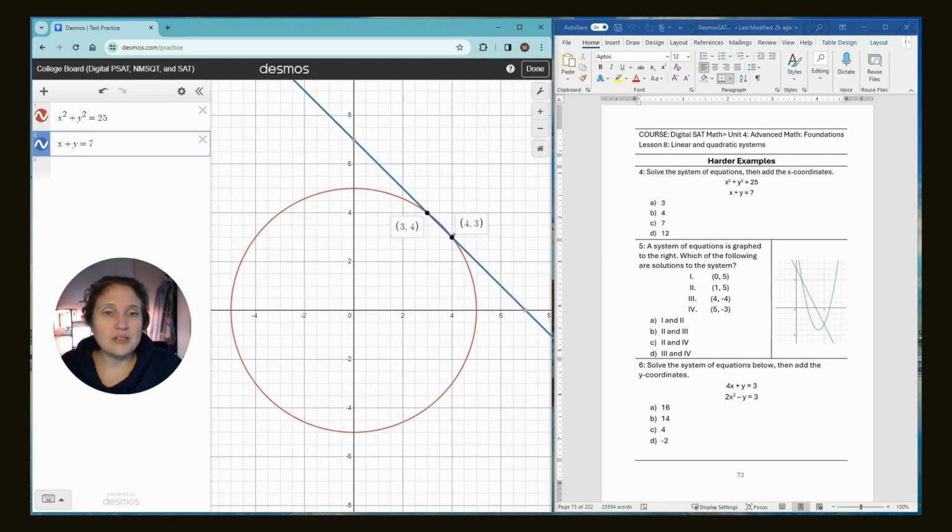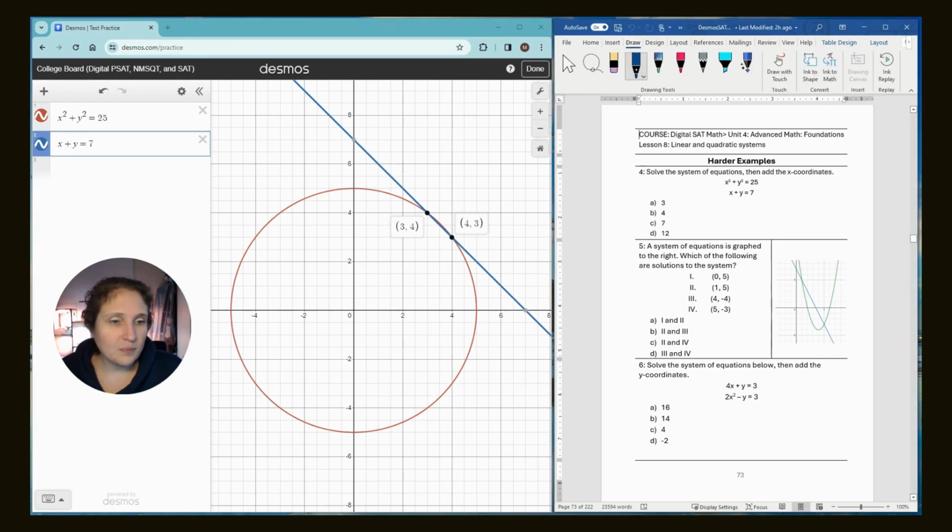The intersections are at 3, 4 and 4, 3. So 3, 4 is one solution and 4, 3 is my other. And then it says to add the x coordinates. I'm sure I meant add the x coordinates of the solution. So 3 plus 4 is 7. Isn't it amazing to use the Desmos calculator?